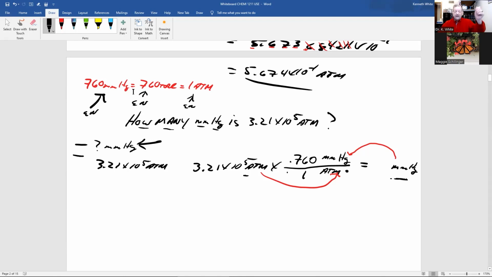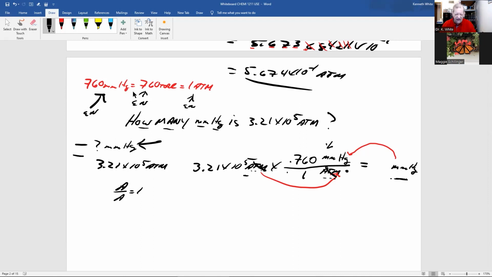Now, before I pick up my calculator, I'm going to check, do my units cancel out? That's part of unit analysis. Notice I have ATM, atmospheres divided by atmospheres. Anything divided by itself equals the number 1. And I'm left with millimeters of mercury. Yay, that's what I want.